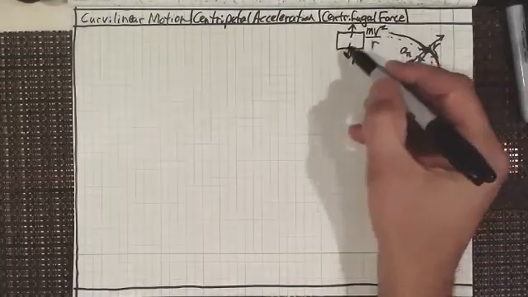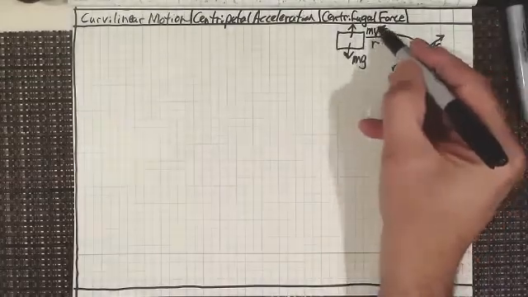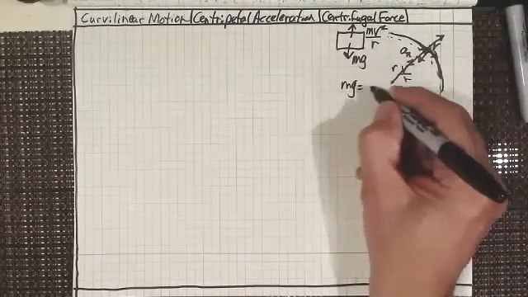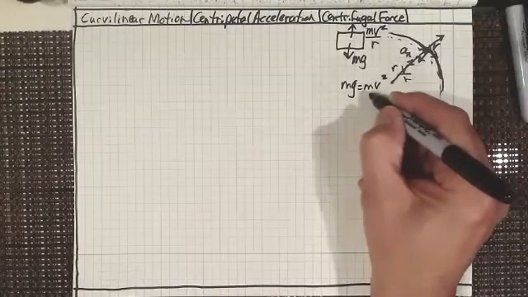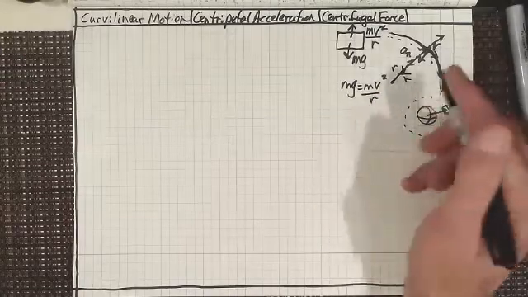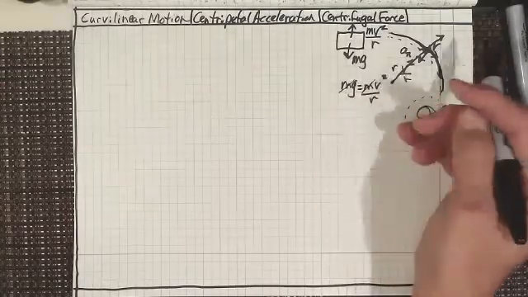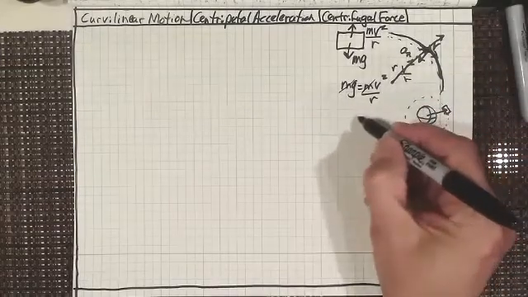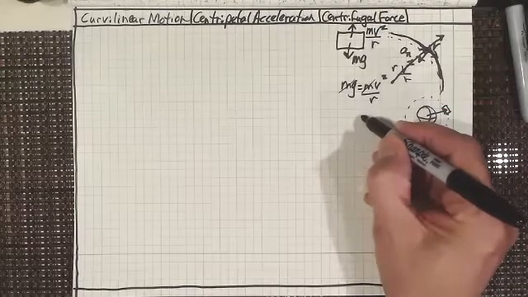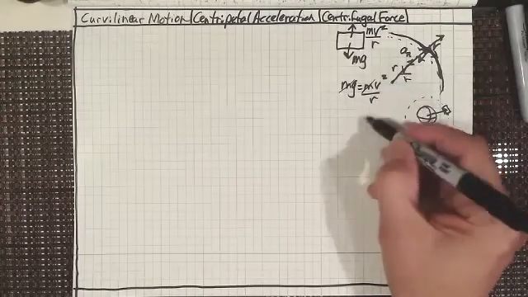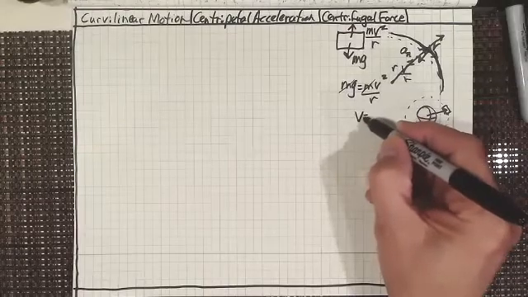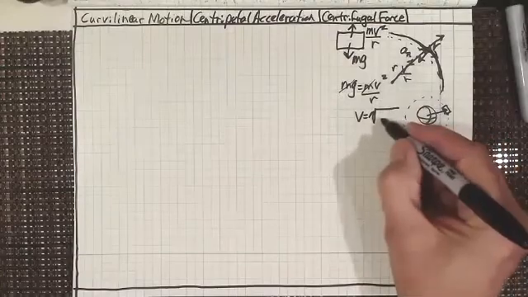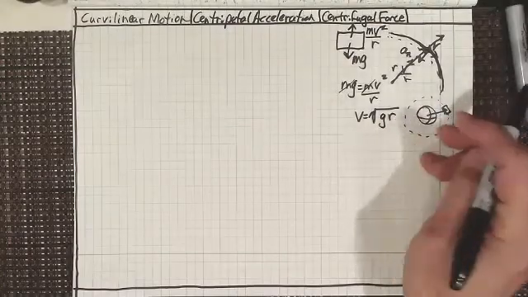If I look at the summation of the forces, this force has to equal this force. So I have mg equals mv squared over r. Well, everybody can see that the m's are going to cancel out right off the bat. And so what I end up with is that g equals v squared over r, or v equals the square root of g times r.